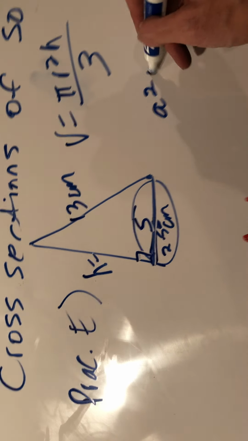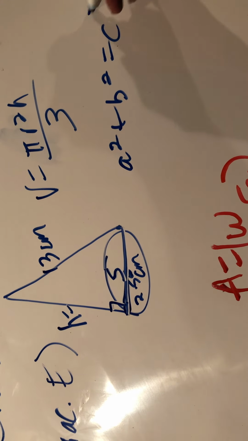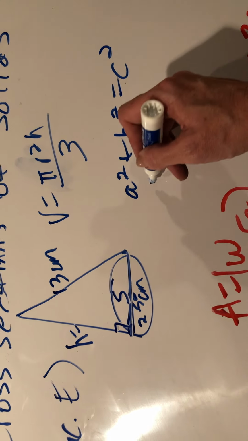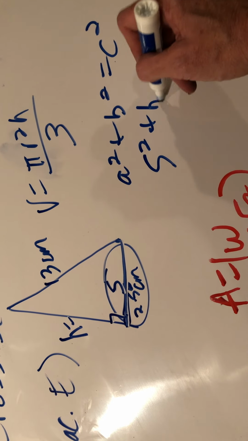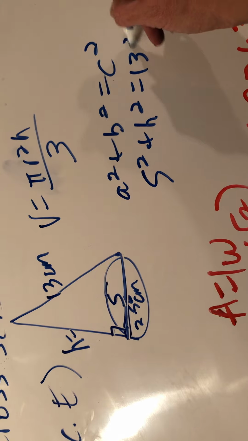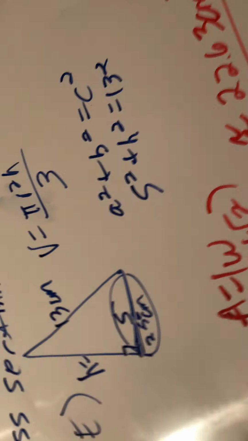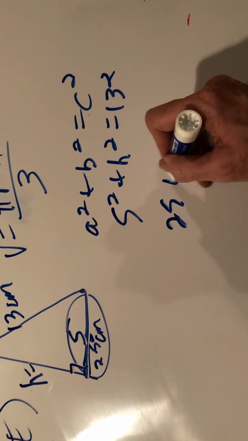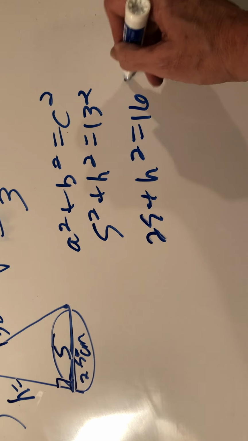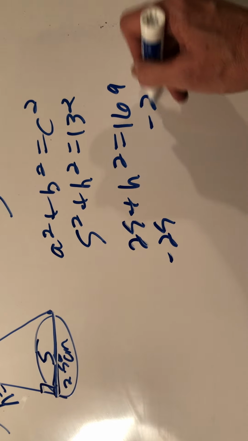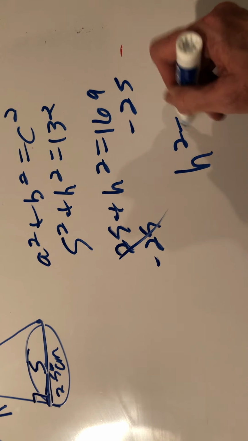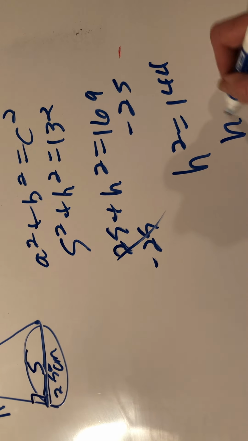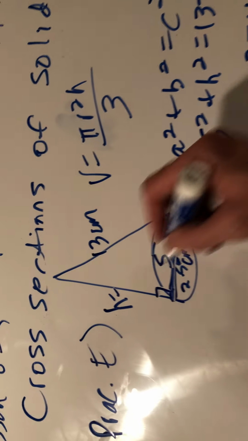So a squared plus b squared equals c squared. It's a right triangle, and again, you can do that. Or some of you may recognize it as a Pythagorean triple. If you don't, it's okay, because I'm doing it this way. So that means I have 25 plus h squared equals 169. Subtract 25 from both sides. So h squared equals 144. So h is 12. So that's 12.